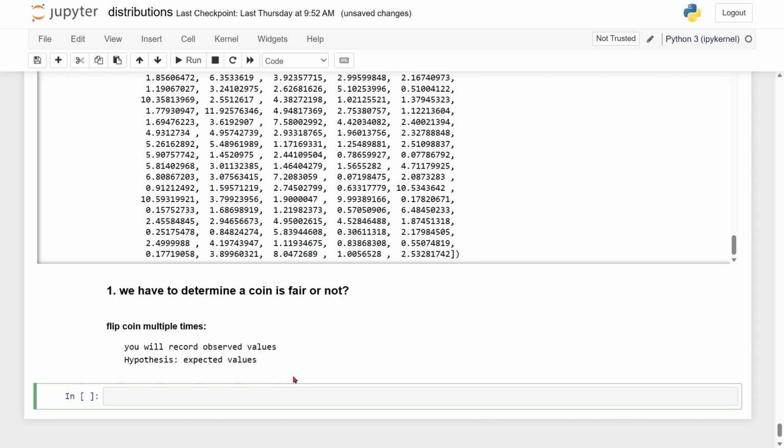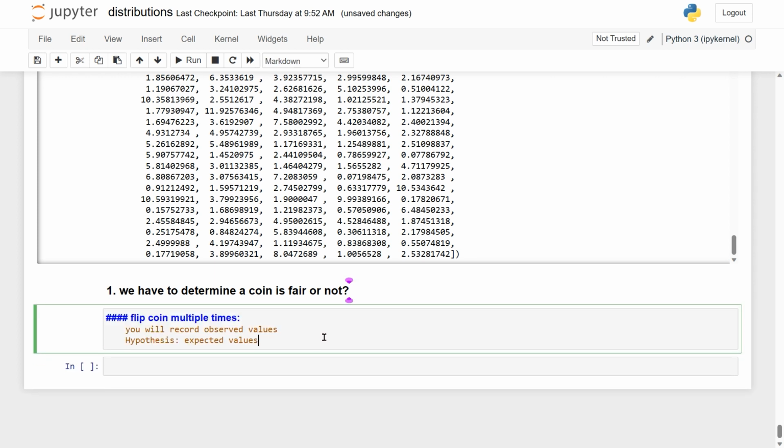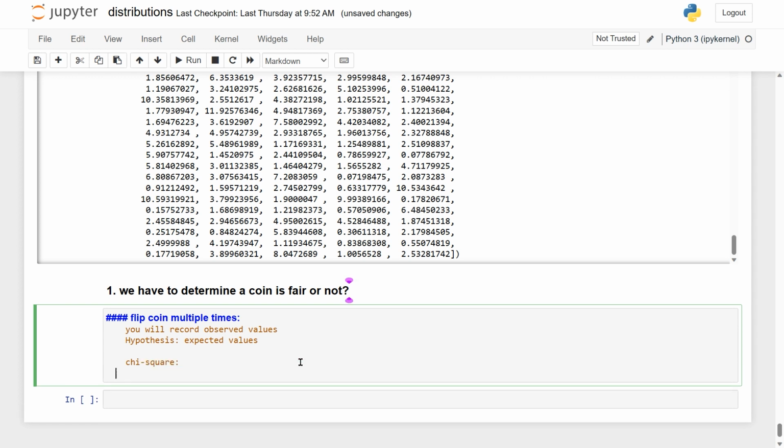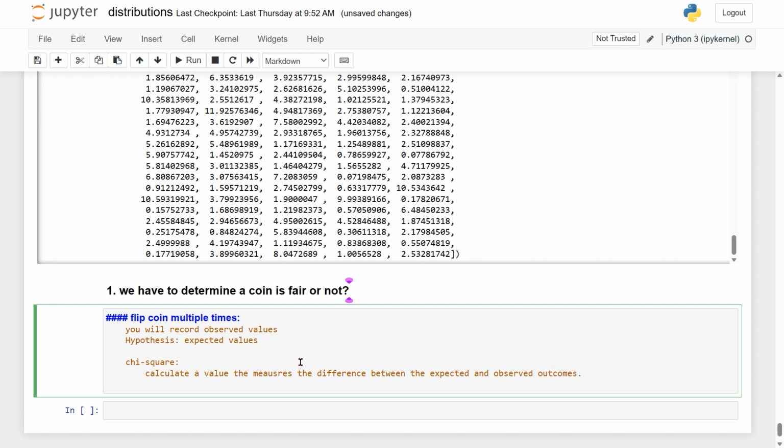So chi-square comes into the picture, and it takes the observed values and expected values, and using that it will calculate a value that measures the difference between the expected and observed outcomes, and then compare that value to the probability distribution. That's step one.